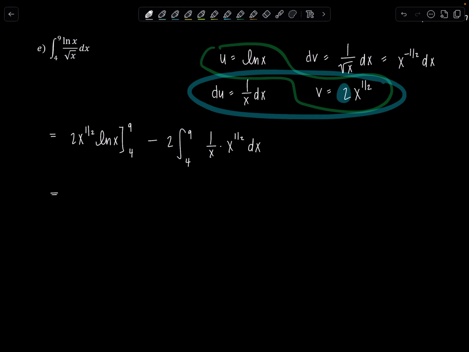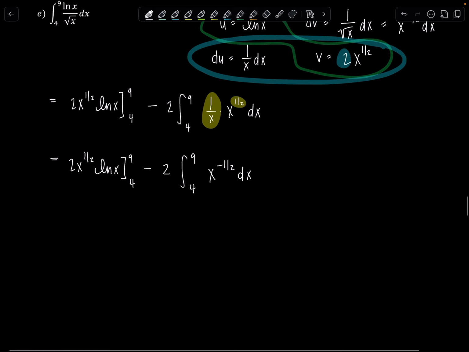Okay, so now let's start cleaning up. 2x to the 1/2. You need to write that this gets evaluated from 4 to 9, but you don't have to do it until the very end. Minus 2 times the integral 4 to 9. Now this is x to the negative first. This is x to the 1/2, so that's going to give me x to the negative 1/2 dx.